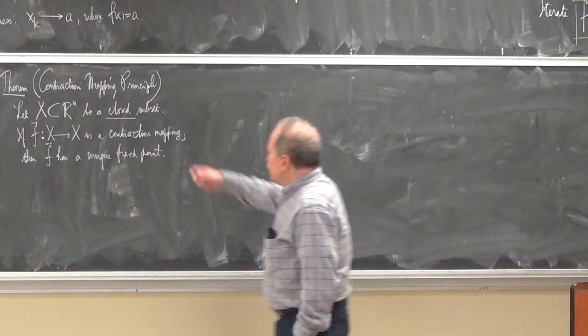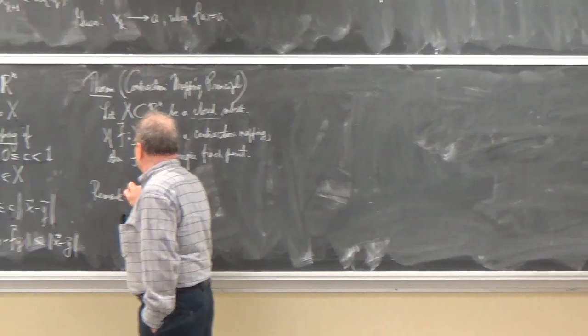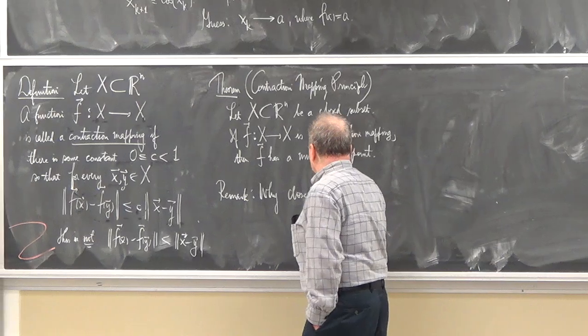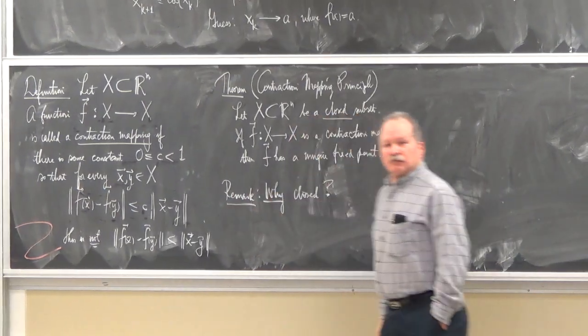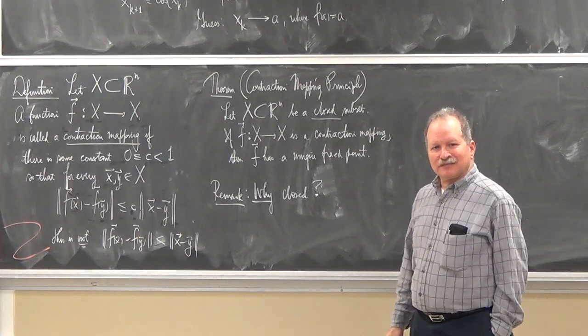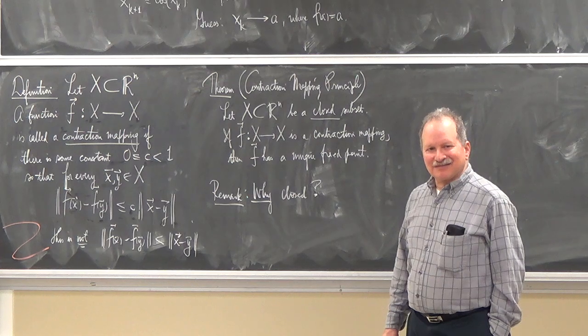Why do I need closed? If it's open, could it be approaching something on the border where it's not included? It's kind of like the sequences that approach something that isn't in the set.